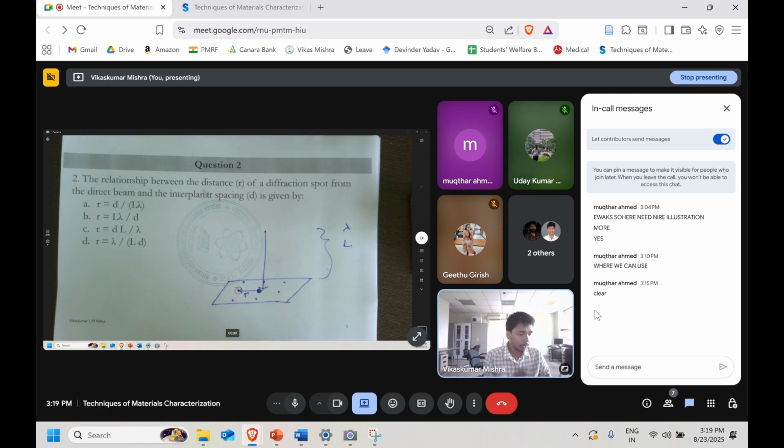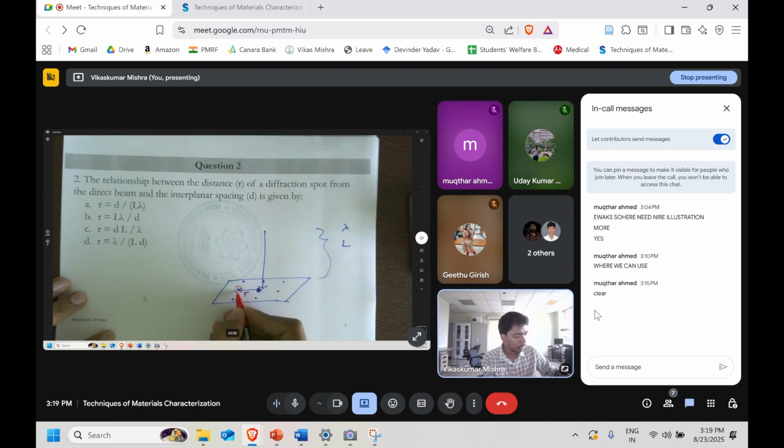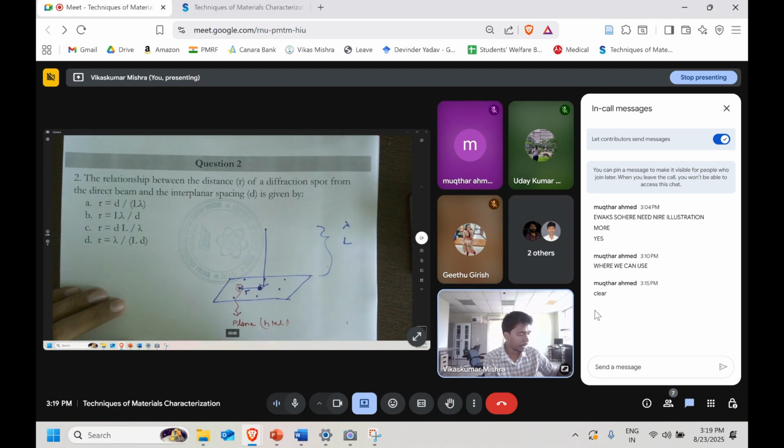Let's say this corresponds to one of the planes in the real crystal. We know every lattice point in the reciprocal space corresponds to a plane in the real crystal, so we can say this plane is HKL. Let us say this plane has a d spacing of d.